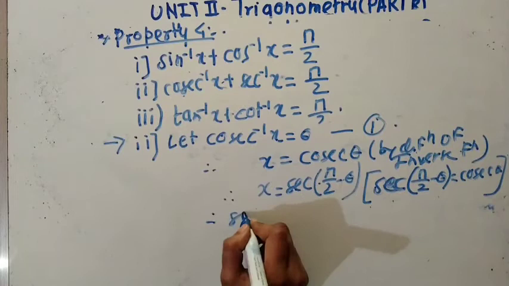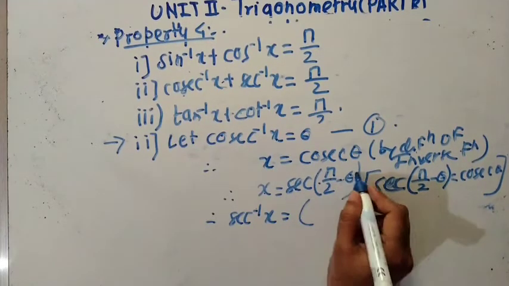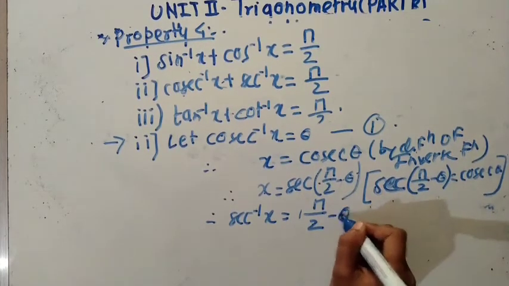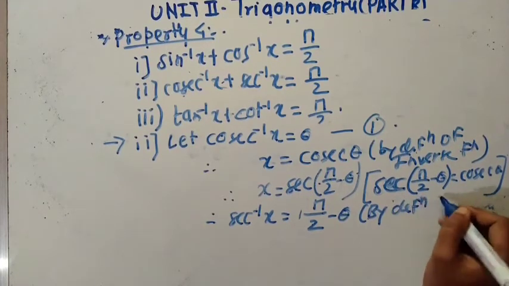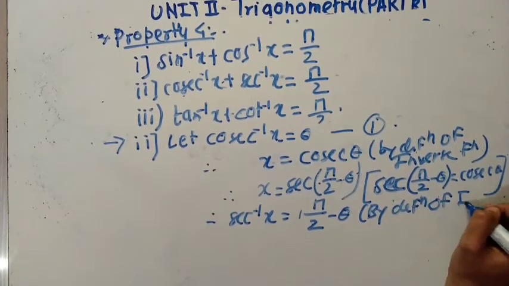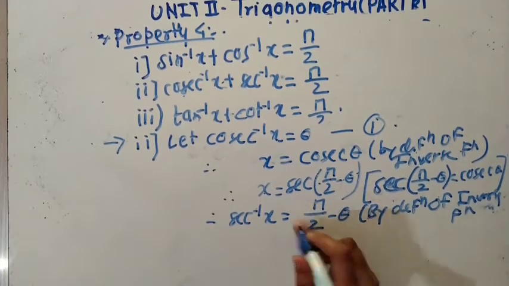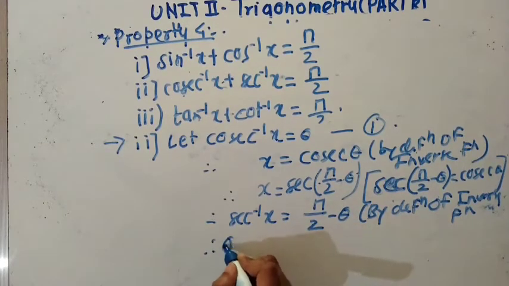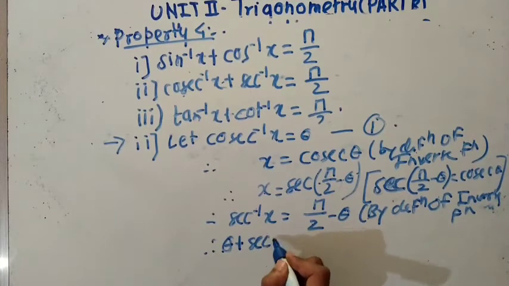But by definition, sec inverse of x is equal to pi by 2 minus theta, by definition of inverse function. But here minus theta, here theta goes to the other side, so it is plus theta.